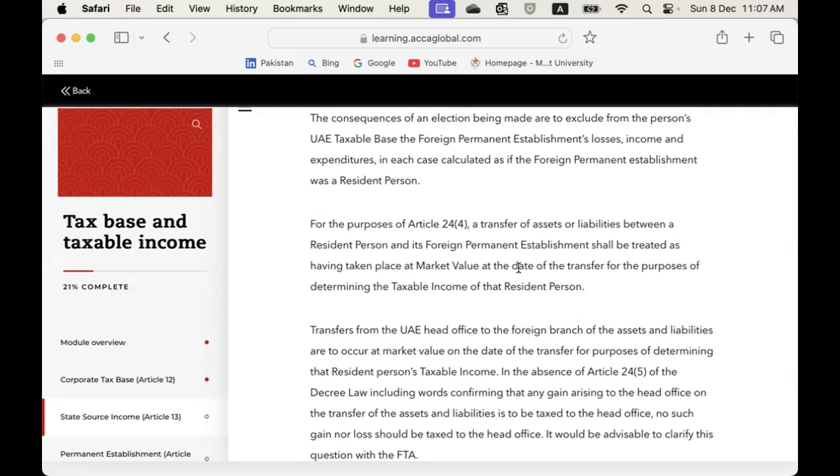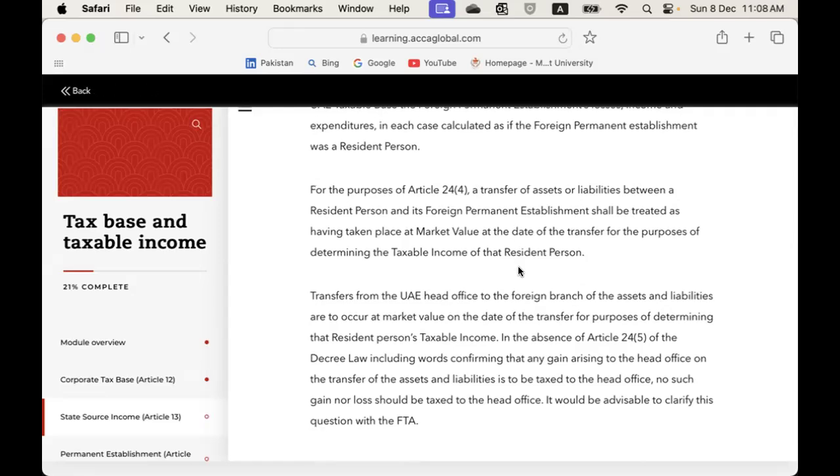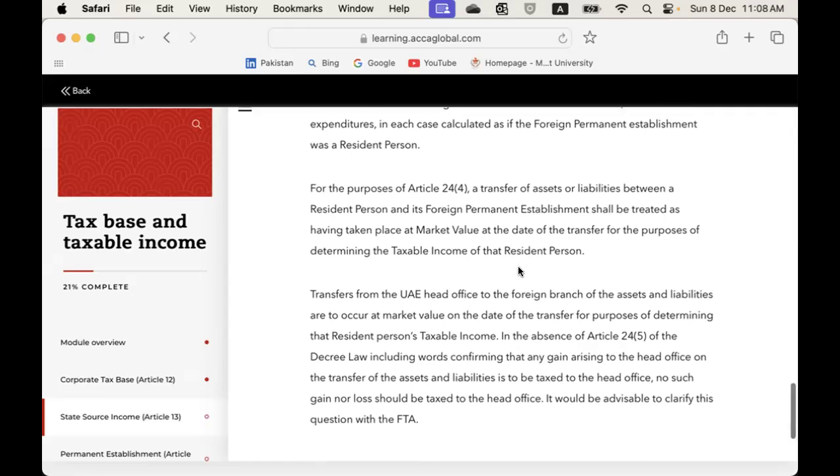Maybe it's a bit irrelevant, but you should remember that if the local entity itself hits 200 million dirhams of revenue, then some of the transfer pricing requirements become very relevant. But anyway, that was nothing to do with the rate. As far as the 15% minimum tax rate is concerned, in order for that to become effective, the revenue will have to hit 750 million euros. Otherwise, we can forget about it.